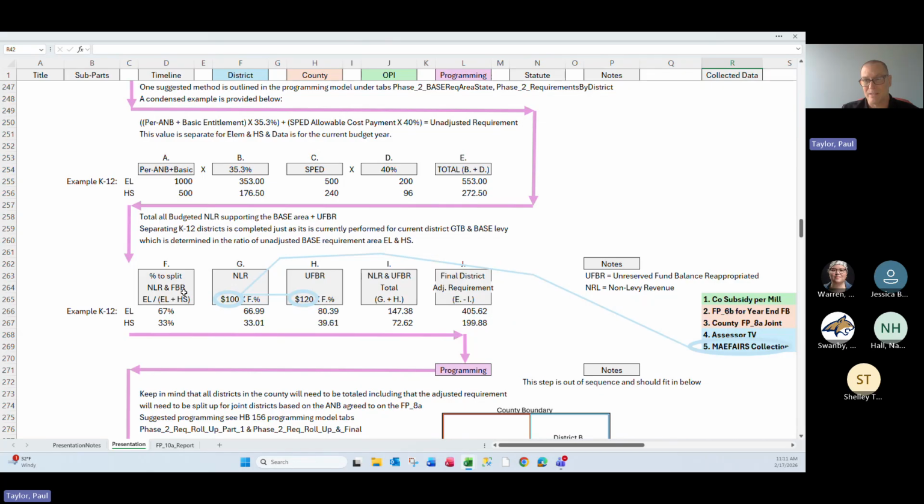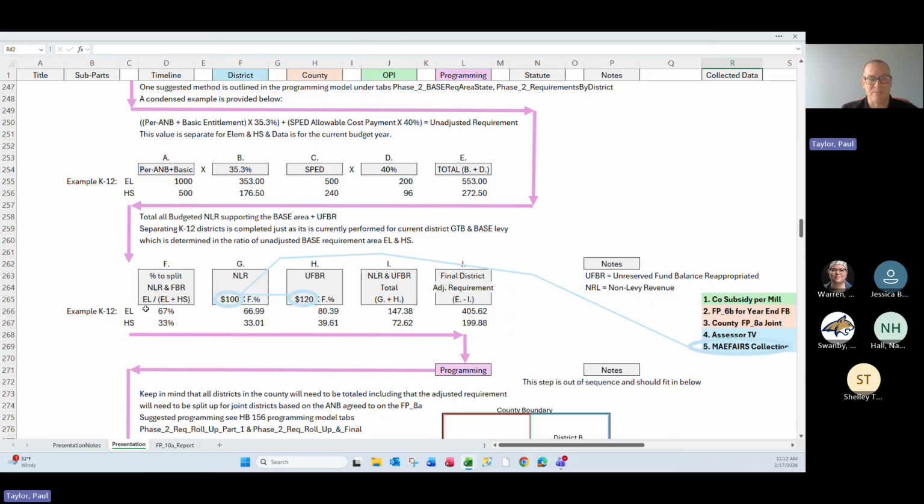How it gets done and has been done historically for the district level GTB is you take the ratio of, what do you take the ratio of? You take the ratio of these two values. So you total these two and this value is divided by the total of these two.